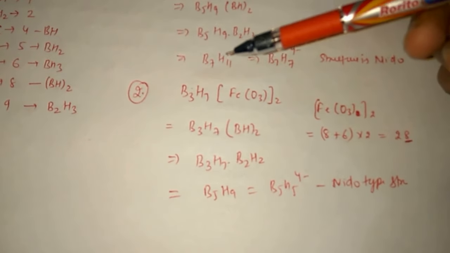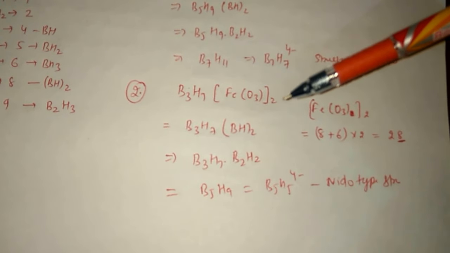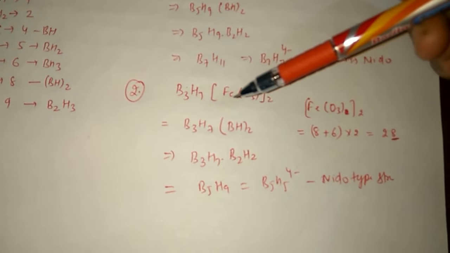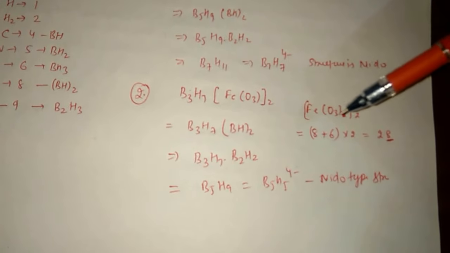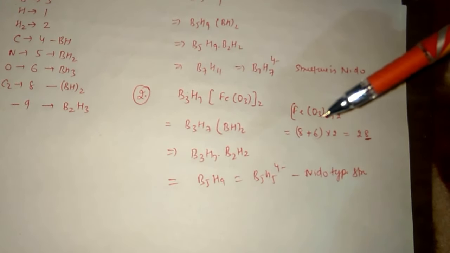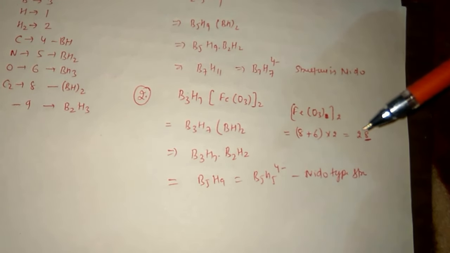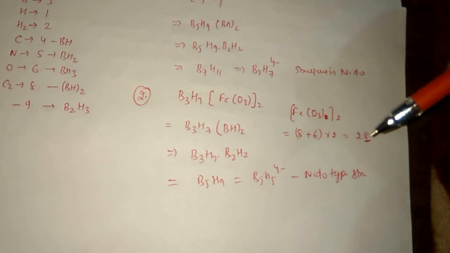Similarly, we can discuss these examples also. B3H7, that is Fe(CO)3 twice. Now we will find the analogue to this iron Fe(CO)3 twice. Iron contains 8 electrons plus oxygen contains 6 electrons into 2, so total electrons equals 28. Now whenever we have a two-digit number, we consider only the last digit, that is 8 electrons.